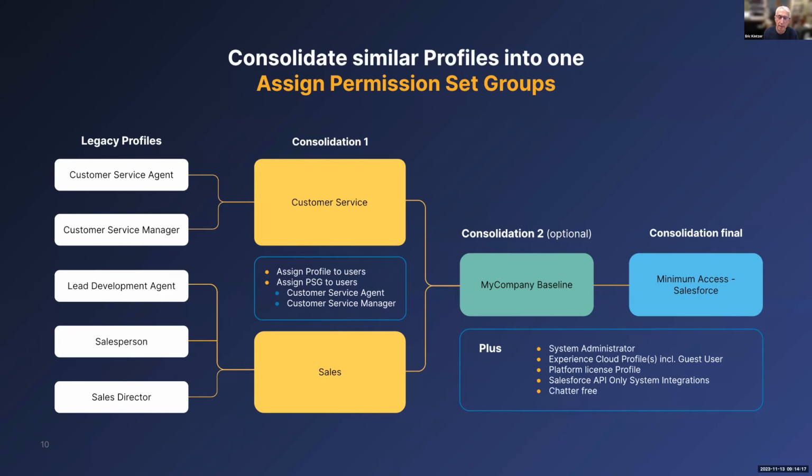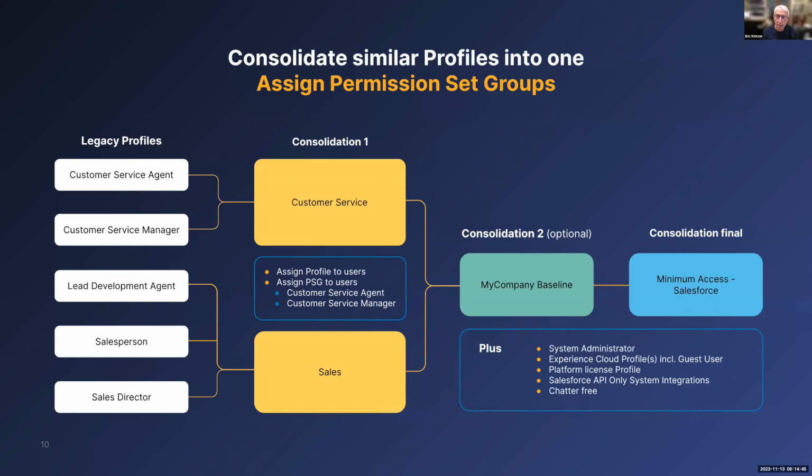Now, since you've already got your permission set groups that you've tested and worked with in the first consolidation, you simply need to reassign the users to the My Company baseline profile or the minimum access Salesforce profile, and everything should be fine. And now you have migrated from five profiles to one custom profile, or possibly zero custom profiles. So that's what Salesforce wants you to do.